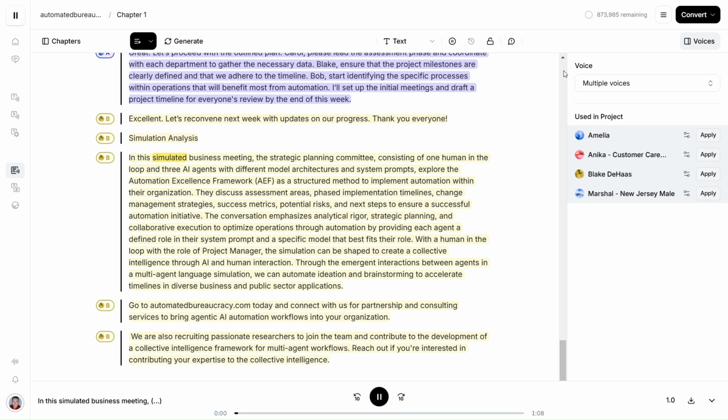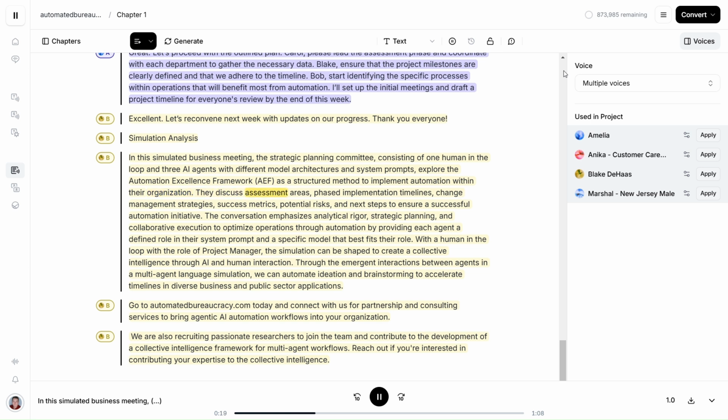Simulation analysis. In this simulated business meeting, the Strategic Planning Committee, consisting of one human in the loop and 3 AI agents with different model architectures and system prompts, explore the Automation Excellence Framework, AEF, as a structured method to implement automation within their organization.